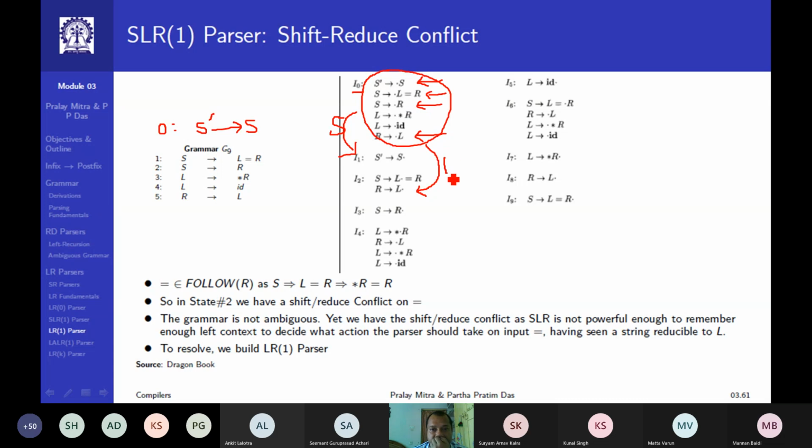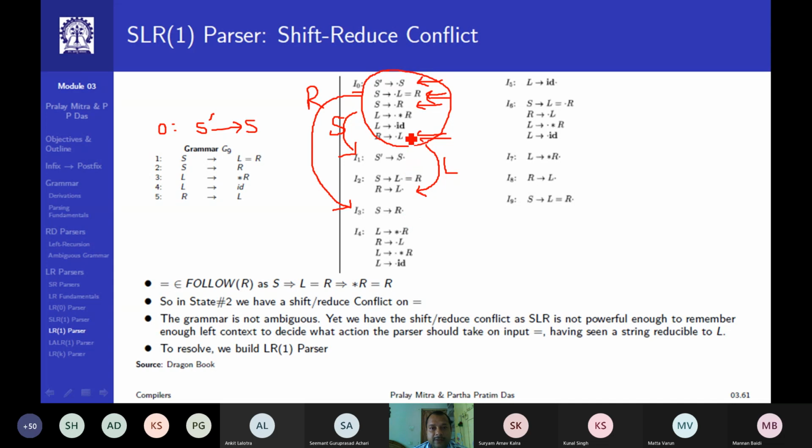And when I see L, from state 0, it is the second item and the last item, both will go to state I2. From I0, if I see R, then on non-terminal R, the transition of I0 will be to I3, state 0 to state 3.